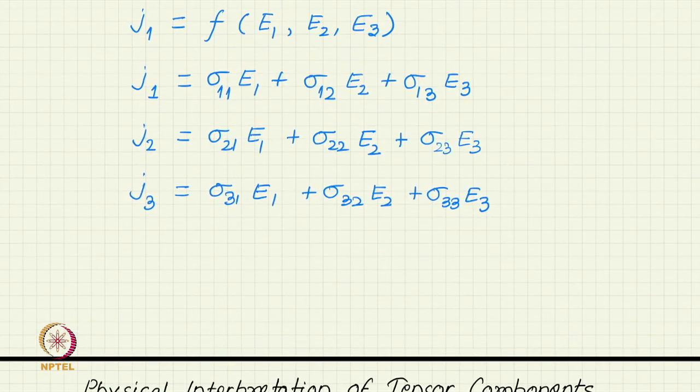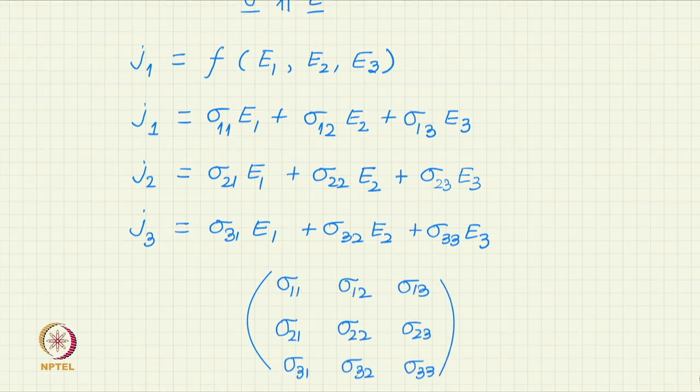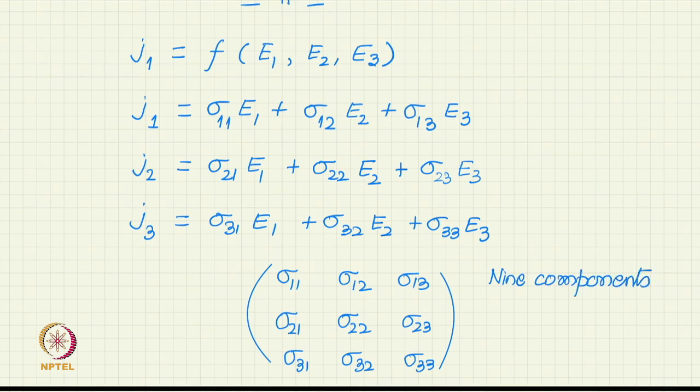So, these 9 coefficients we can write as a matrix and we can call them 9 components of the conductivity tensor. So, we are bringing the term tensor here to describe that conductivity is not described by just one term or one scalar, but you require 9 quantities to describe it.